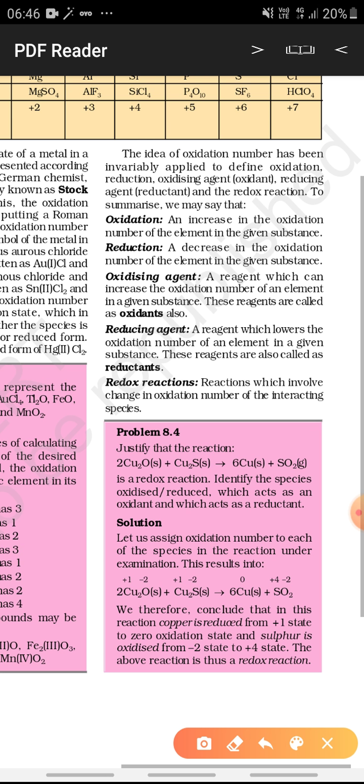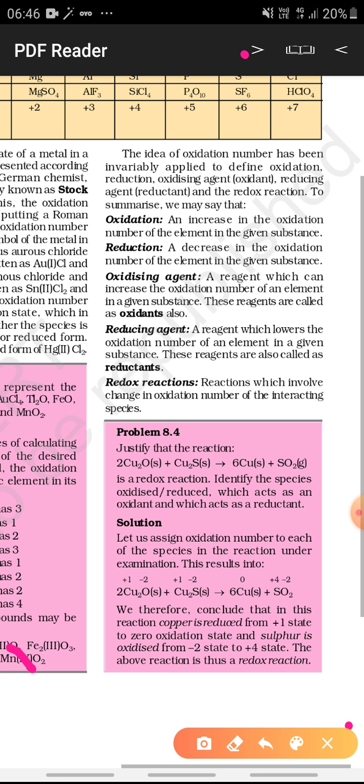That means the substance which is itself getting reduced is called the oxidizing agent, and the reducing agent is that which itself is getting oxidized. So in a chemical reaction, the substance which is getting oxidized is the reducing agent, and the substance which is getting reduced is the oxidizing agent.